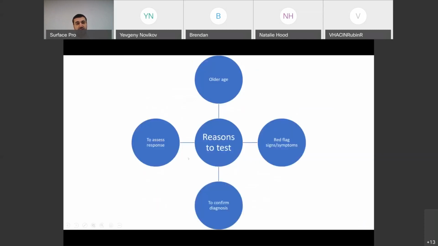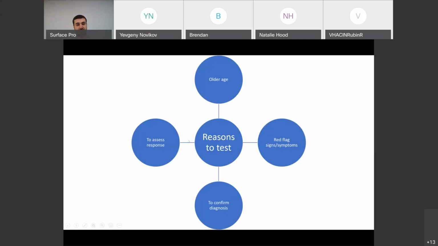Okay, so do we have to test everyone with chronic diarrhea? Everyone should probably get basic tests, but not everyone should have the more specific tests. If you have a clear diagnosis and you know what you're dealing with, and there's no red flag signs or symptoms, you can probably get away without doing some of these more specific tests.